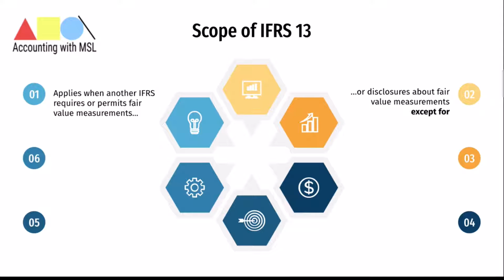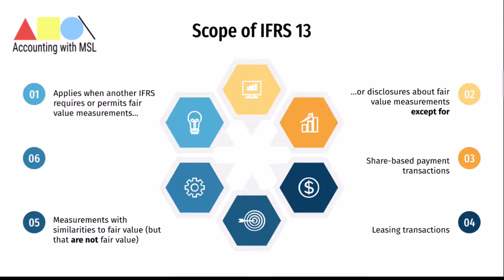With respect to this statement I just made, there are some things that are outside the scope of IFRS 13 fair value measurement. An example would be share-based payments within the scope of IFRS 2. The next would be leasing transactions within the scope of IFRS 16 leases. And then any measurements that have similarities to fair value, but that are not fair value in and of themselves.